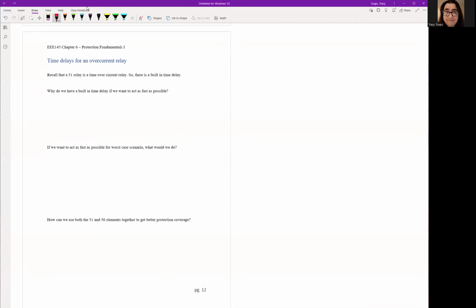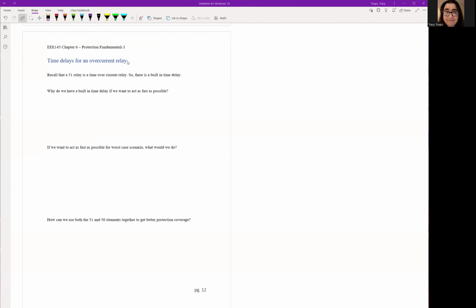And the question will be, well, if there's a time delay, why do we want a time delay to begin with? Don't we want to trip as fast as physically possible? Yes, we do want to trip as fast as possible, but we still need to coordinate with other relays. Remember, we have primary and backup protection. If we're going to serve as a backup protection, we need to have a small amount of time delay to let the primary protection operate first.